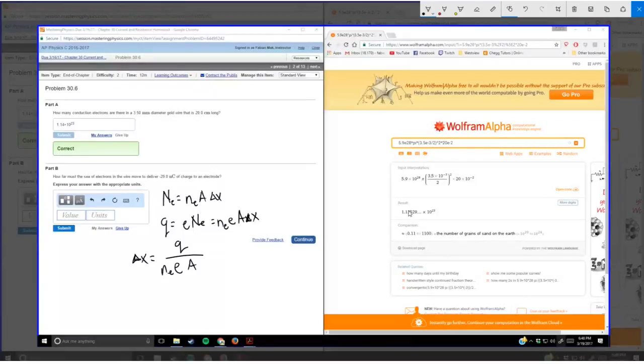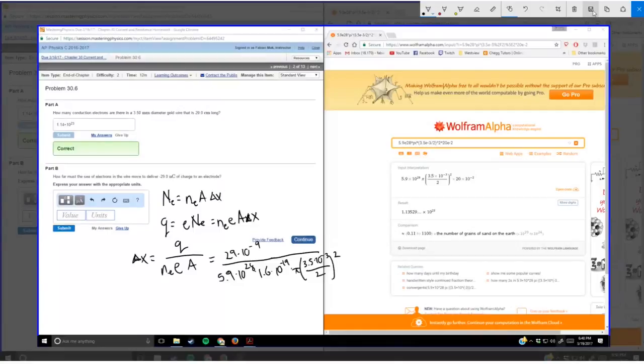Anyways, so this is going to be like, let's see. It says negative, but we're just looking for how far they have to go to create this much charge. There are electrons anyway. So this is like 29 times 10 to the negative 9 over this density, which was 5.9 times 10 to the 28, charge of 1 electron, times that area. Right, something like that.